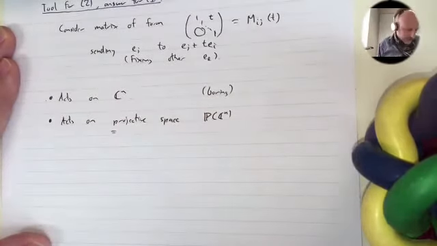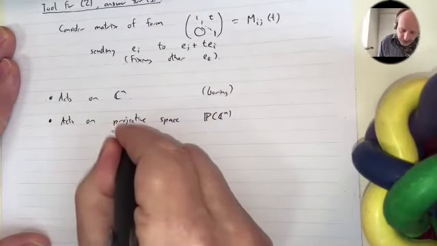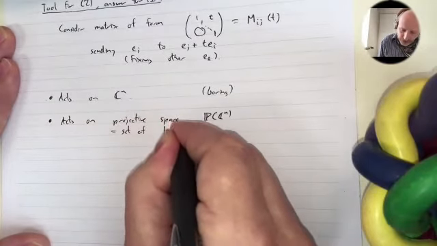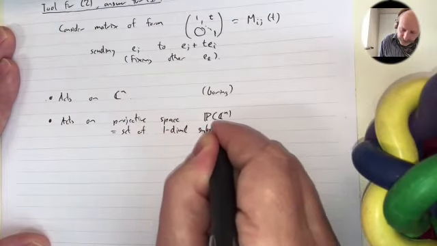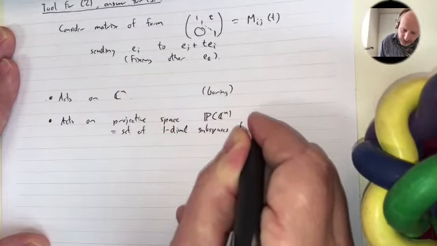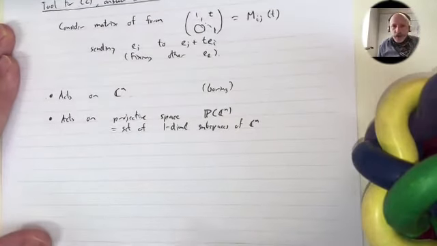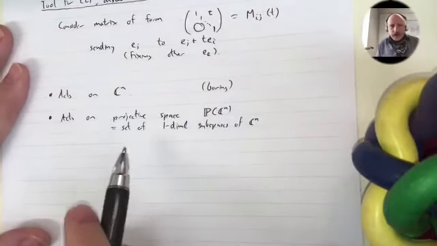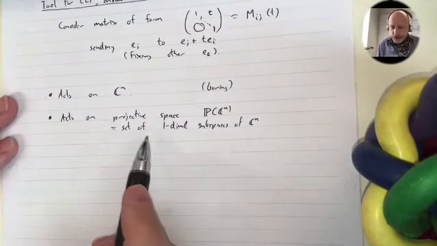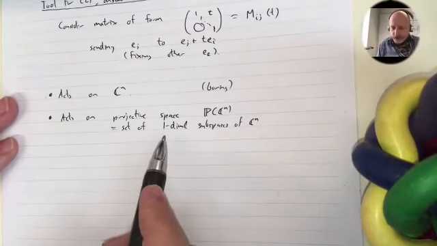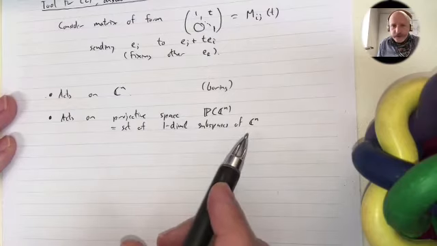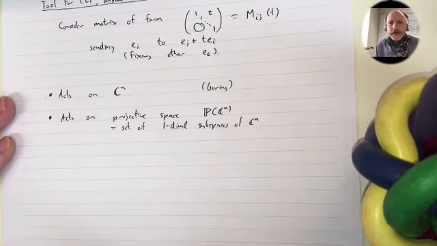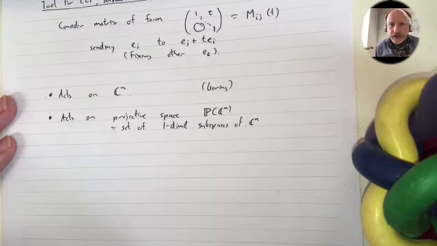You can think of this either as the set of one-dimensional subspaces of C^n, or, you might have seen this in a class, you do something equivalent: you take all the vectors in C^n and mod out by the equivalence relation where you identify vectors that differ from each other by a scalar multiple.